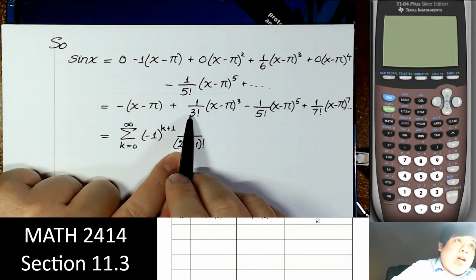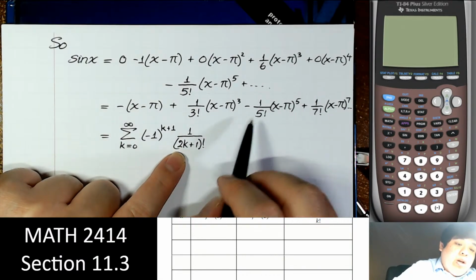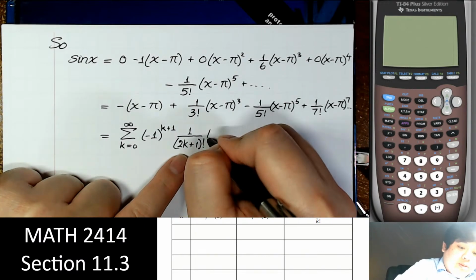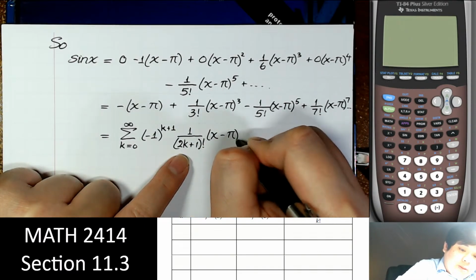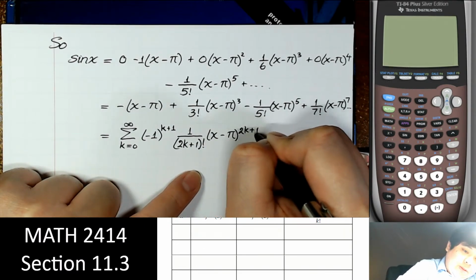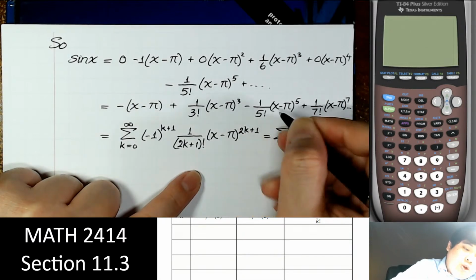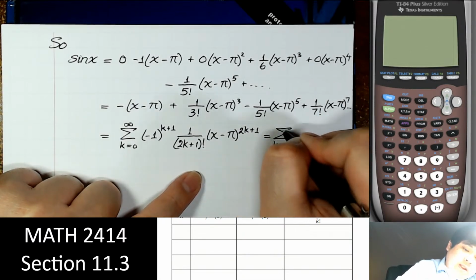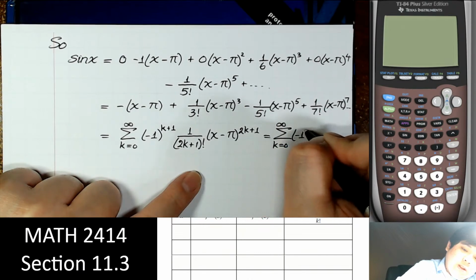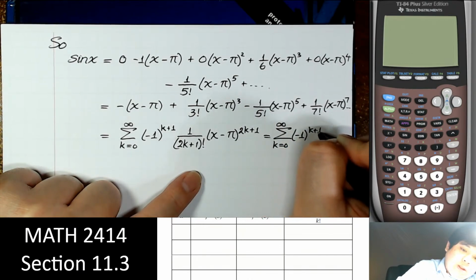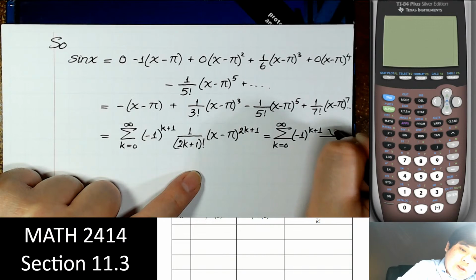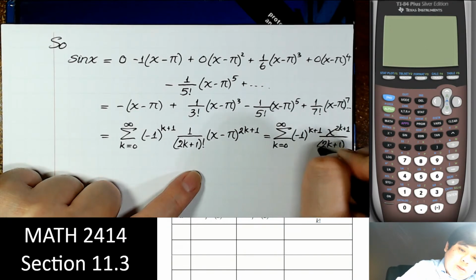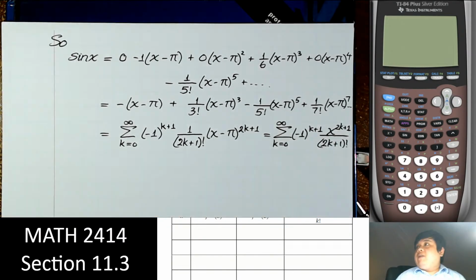When k equal to 1, we have 3, k equal to 2, we have 5, and so on. Or put together, we have that.